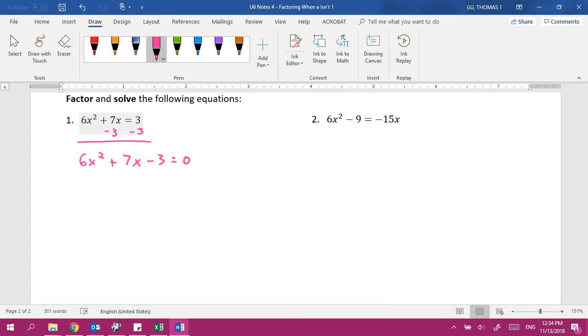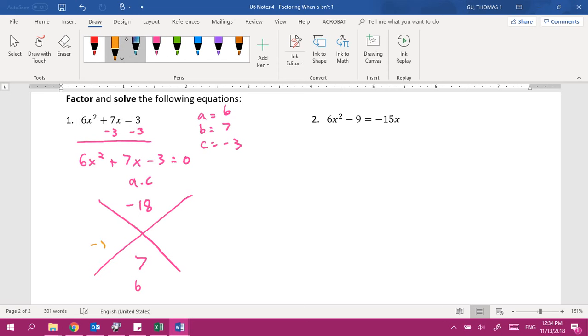So, what is a, b, and c? 6, 7, and negative 3, that's right. So now with the x box, don't mess it up here now. What goes in the top space? a times c, which is negative 18. What goes in the bottom space? b, which is 7. Alright, so now, what two numbers multiply to give you negative 18 and add to give you 7?